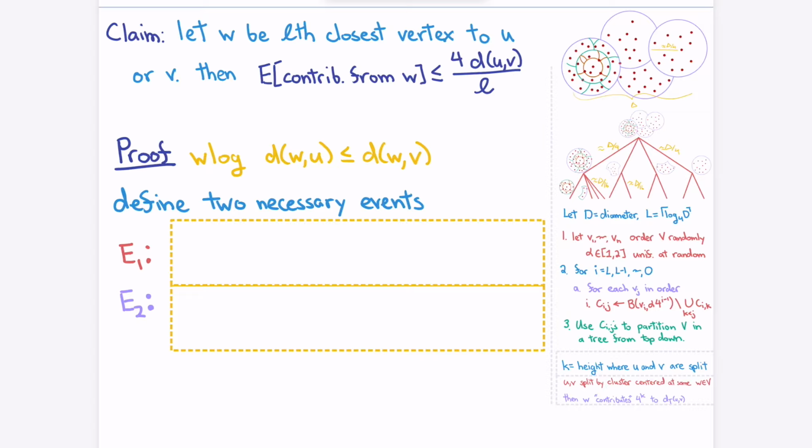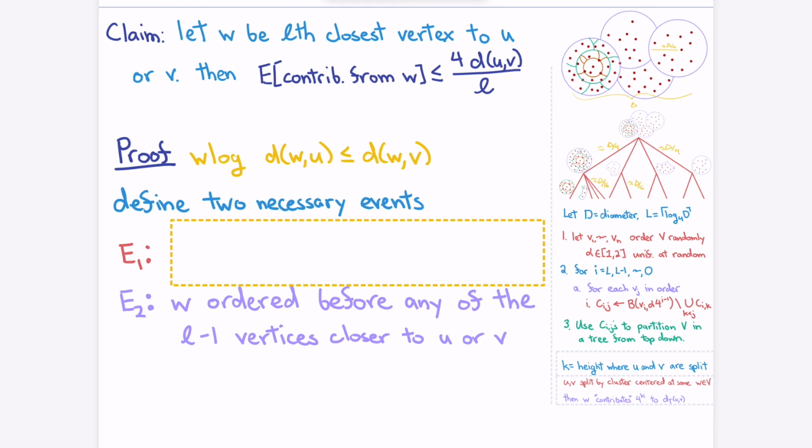If it isn't, then there's going to be another vertex that's splitting u and v. So that's number 2 here. There are other vertices that are closer to u or v, and W needs to be randomly ordered first.